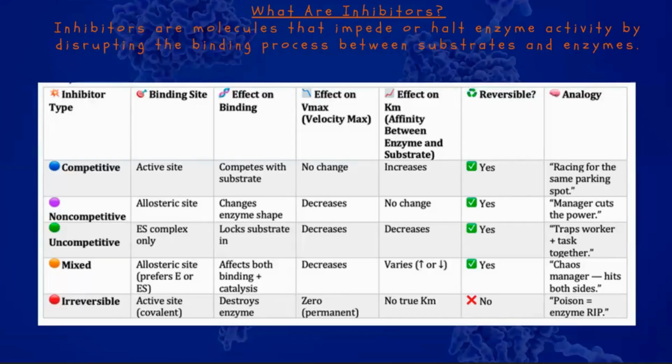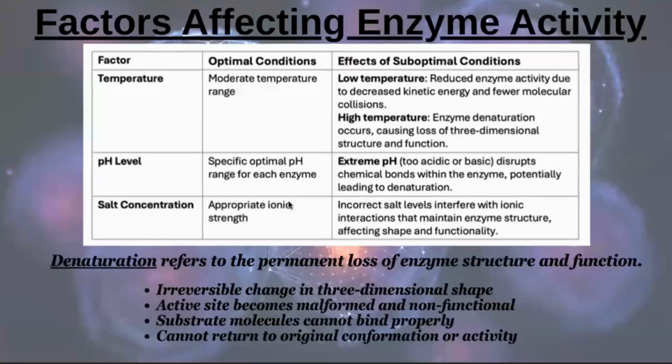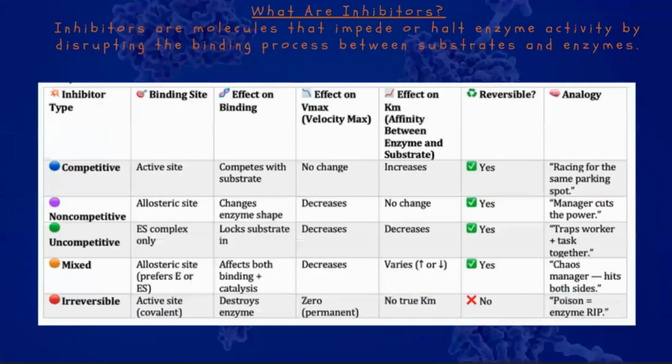For the rest of this video, or at least this third part, we're talking about inhibitors. If you remember, one of the factors that we said earlier could pose a problem for the behavior of enzymes is concentration. Remember, we said concentration is really important, so I want you to remember that when we're talking about inhibitors.